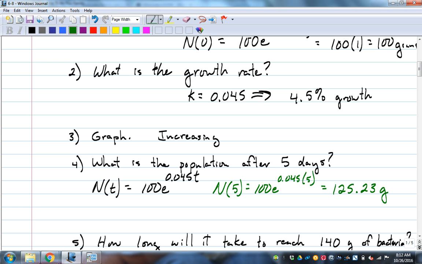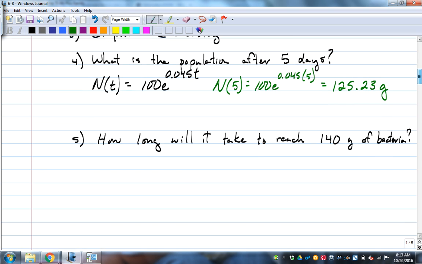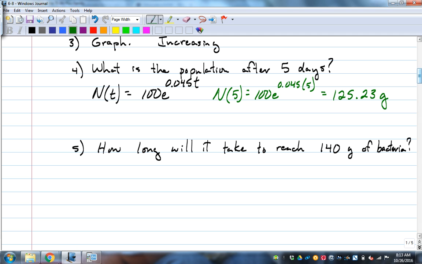Now here's where it gets into why this is in the chapter about solving exponential and logarithmic equations. How long will it take to reach 140 grams of bacteria? So we're looking for how many days that is. What variable are we looking for? t. It's the only variable in our problem. So we're saying 100 e to the 0.045t is equal to what? 140.